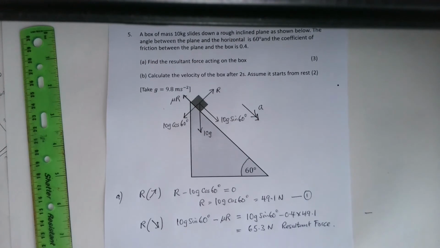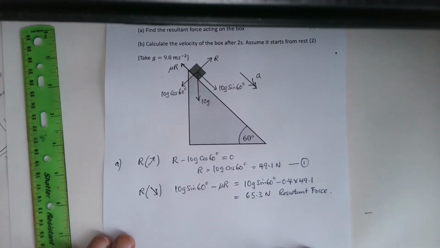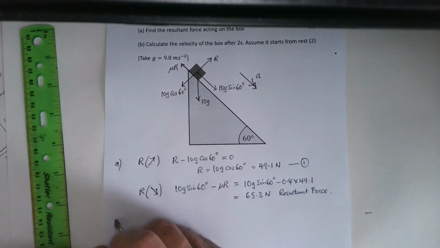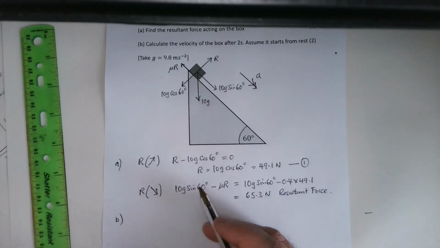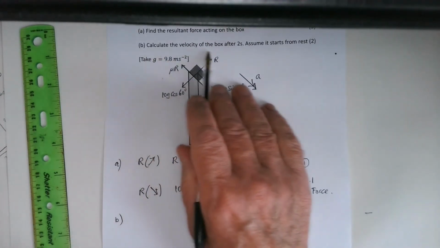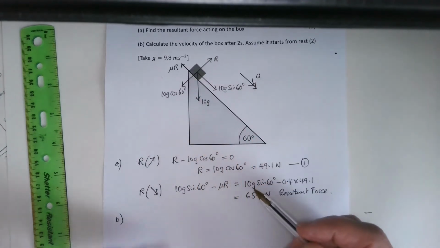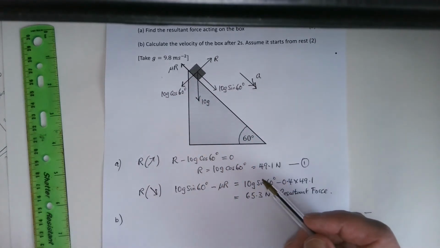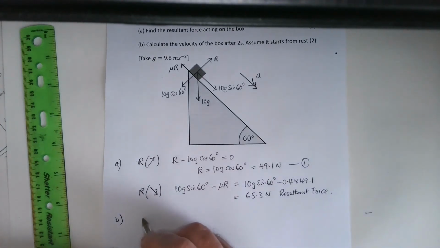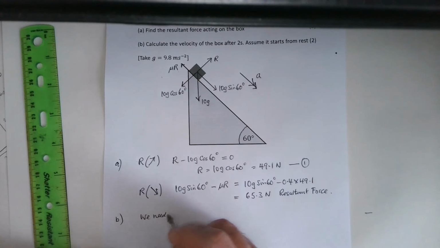Okay, now let's look at part B. For part B, we have to calculate the velocity of the box after 2 seconds, assuming it starts from rest. So first we need to calculate the acceleration.